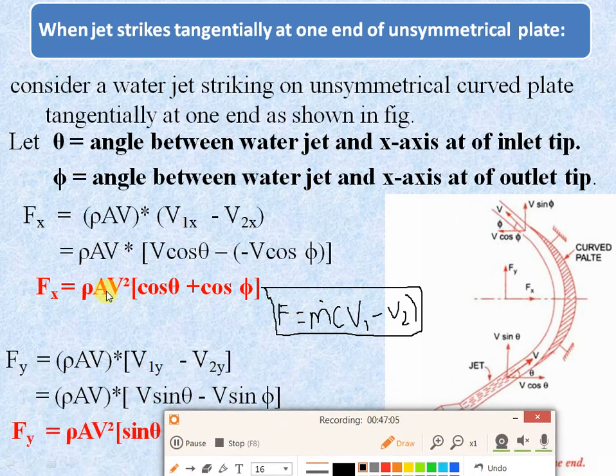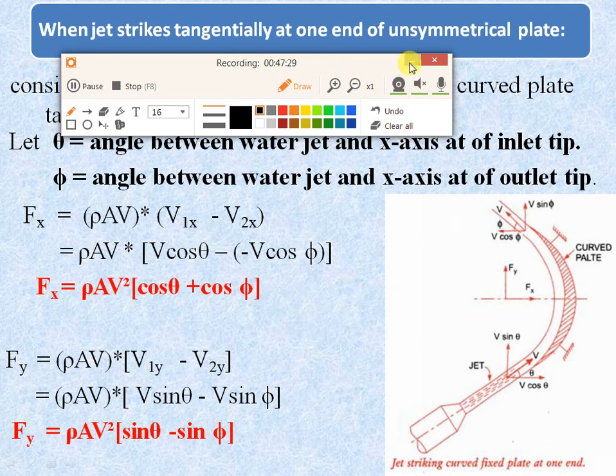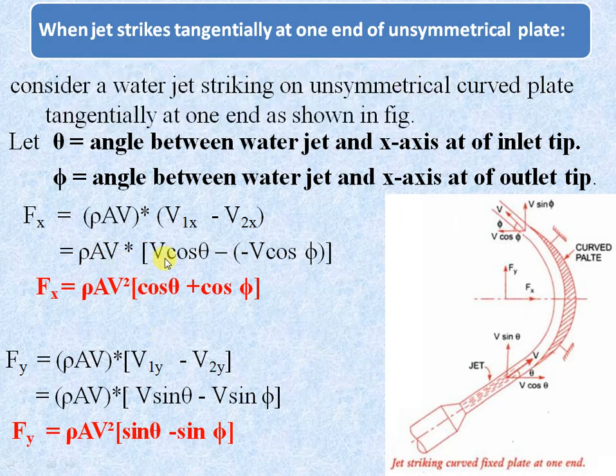So rho a v is the mass of water striking on a fixed plate. Then v1x is v cos theta along the x direction. Again, this direction is negative, so minus v cos theta. So we will get rho a v into v cos theta plus v cos phi. So we will get Fx is equal to rho a v square into cos theta plus cos phi.